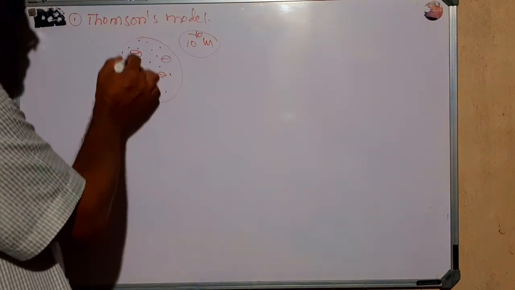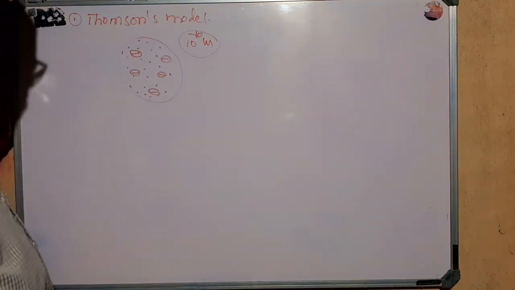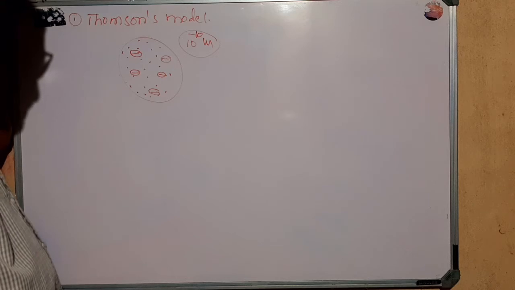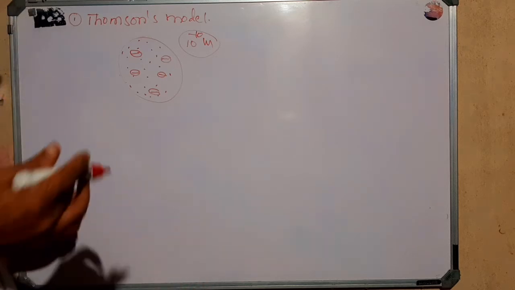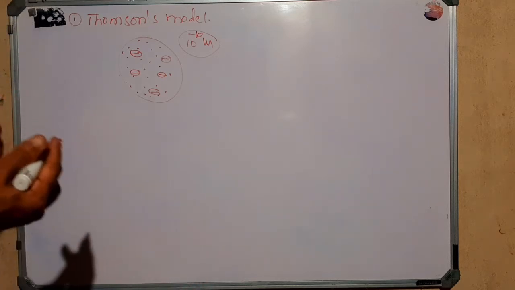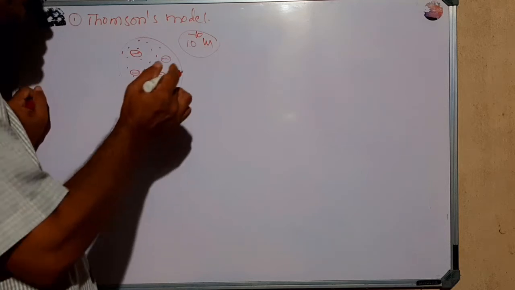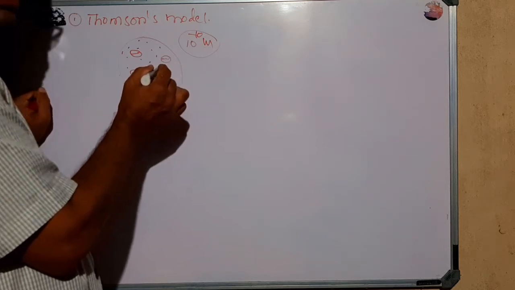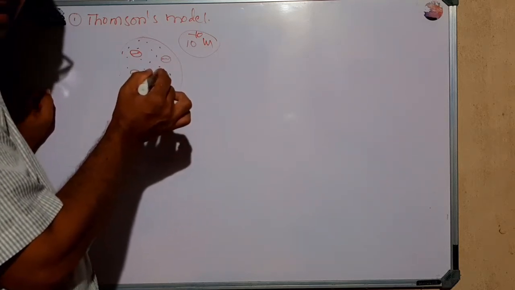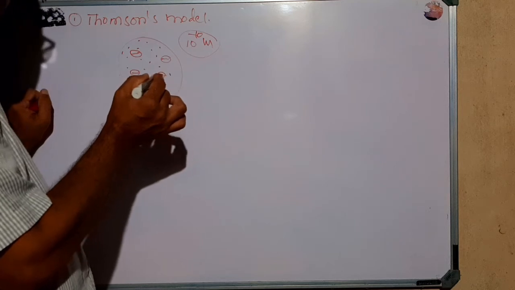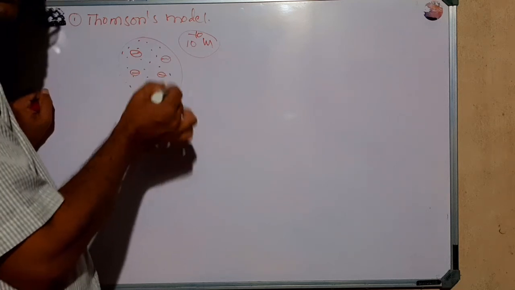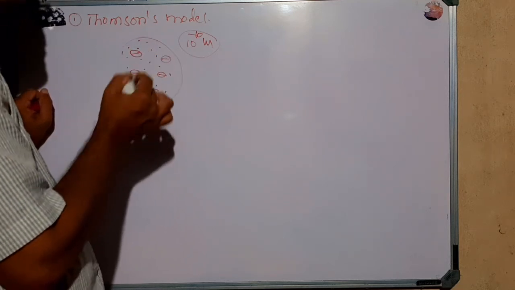Because these electrons are oscillating with the same frequency. Therefore, if you supply energy, all the electrons should be excited to the same energy level. During de-excitation, all the electrons should radiate light of a definite frequency. But we are observing different colors.